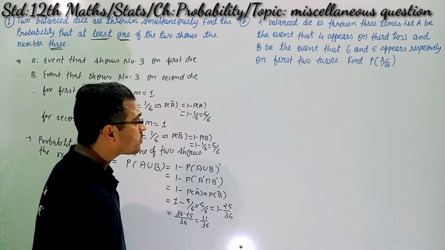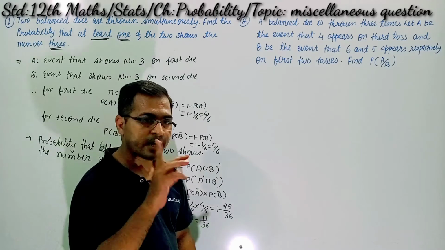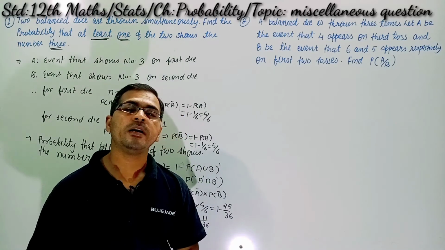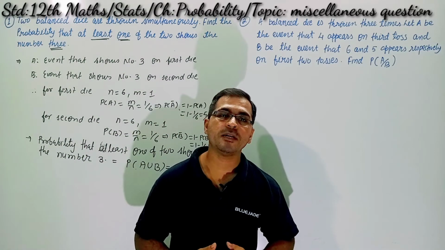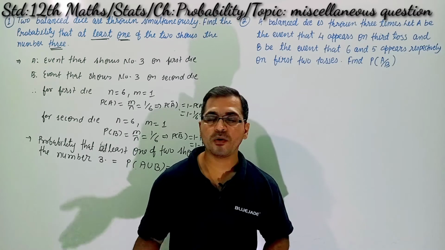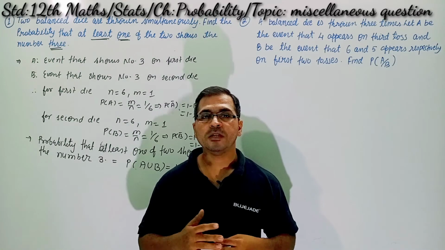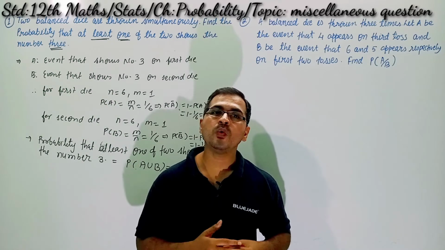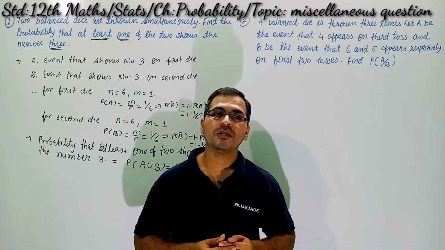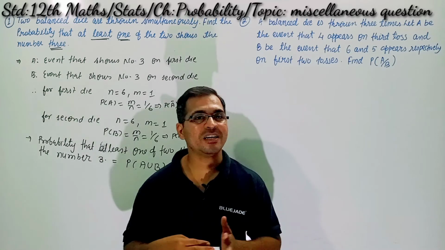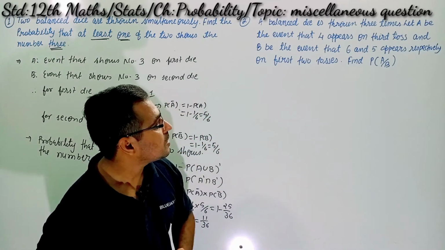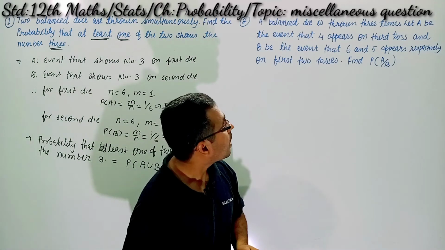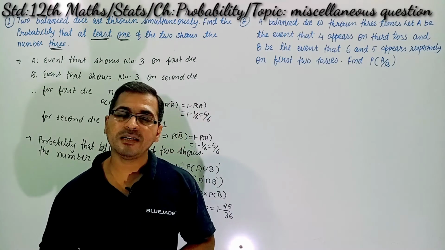Okay students, we know that if a die is tossed once, the number of sample space is 6, because you can get 1, 2, 3, 4, 5, 6. If you are throwing 2 dice simultaneously, you get 6 into 6, 36. But here 3 dice are thrown simultaneously.